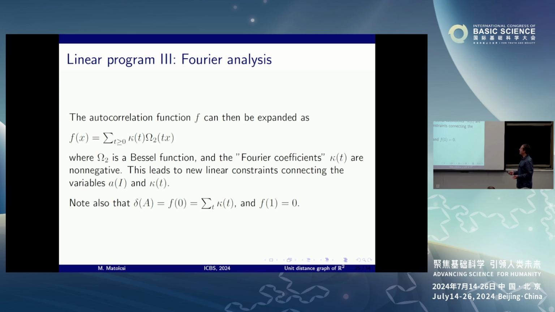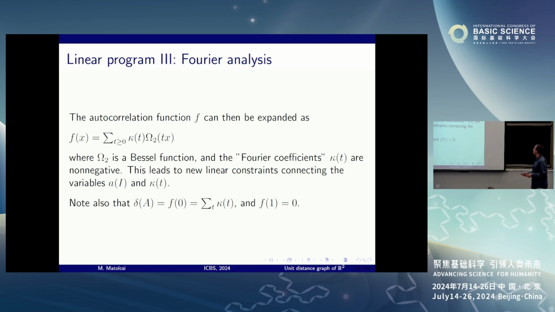So your function f(x) can be written as a possibly infinite sum of non-negative Fourier coefficients, kappa t, times Bessel functions evaluated at t times x. And the crucial fact is that these kappas are non-negative. This leads to new linear constraints connecting the kappa variables and the atomic variables that we had before.